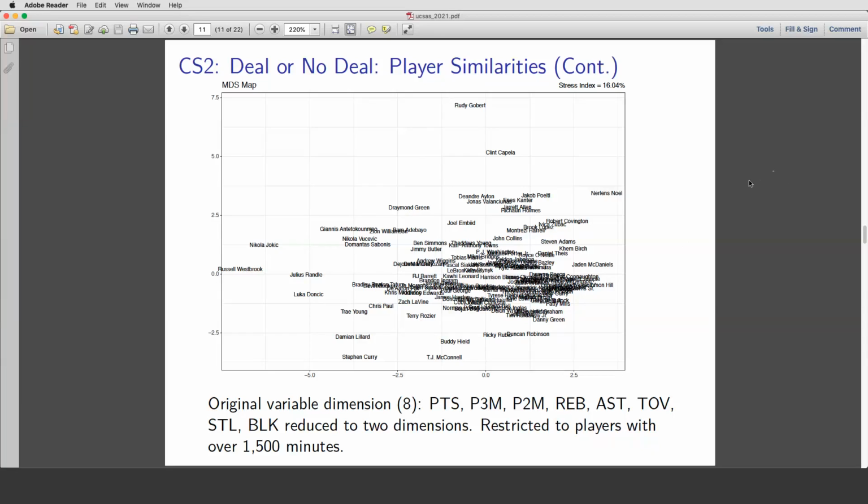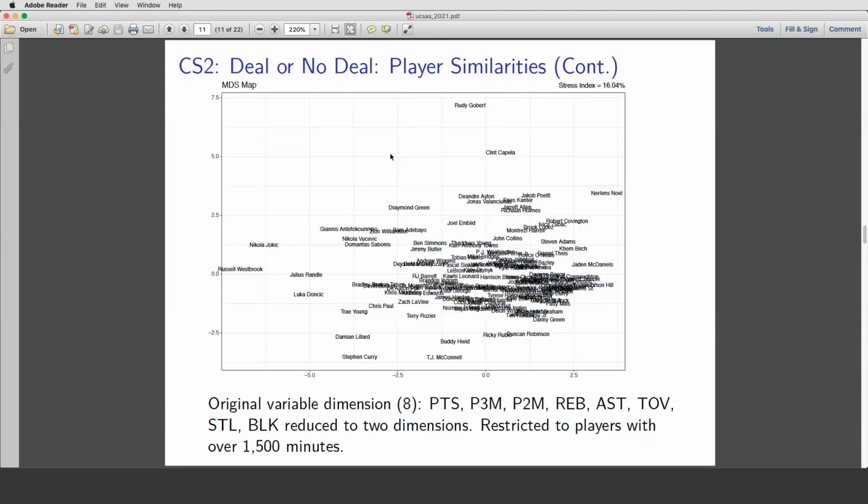Question from Christopher: how do NBA teams specifically utilize this information to improve their rosters? Super broad question, Christopher. I tried to give you some general ideas of how that might happen. Let's say we're general managers of a team and our interior defense is not good.